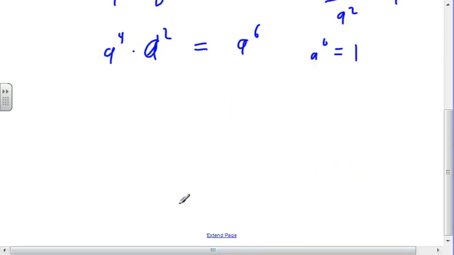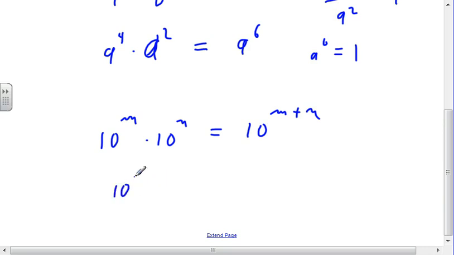Okay, so in here, it all has to do with powers of 10. 10 to the m times 10 to the n is equal to 10 to the m plus n. And 10 to the m divided by 10 to the n is equal to 10 to the m minus n.